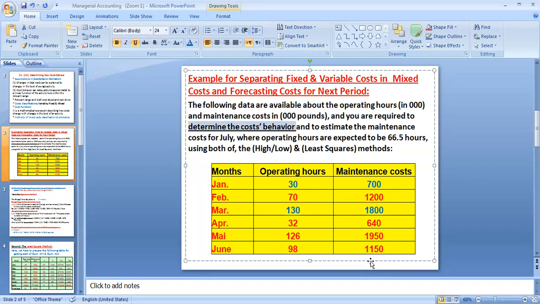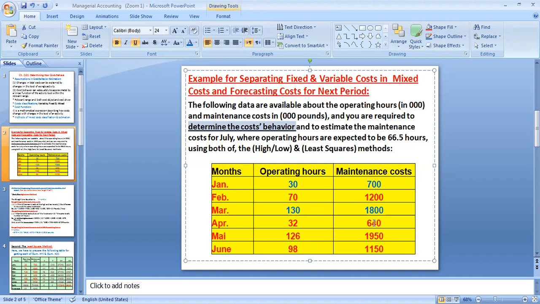As I told you in the face-to-face lecture also, if these costs are fixed, the cost at 30 hours must be the same as 70 hours, 130 hours, 32, 100, on the relevant range from 30 to 130. This is the range. So these costs are not fixed. If they are fixed, the same figure will be in each month. Okay. Are they variable?